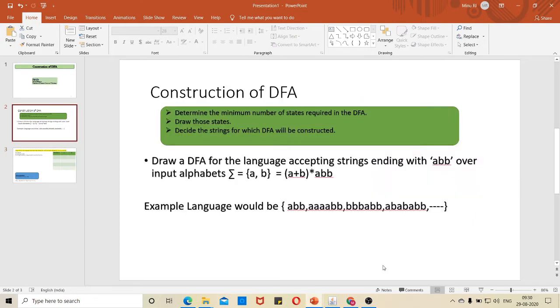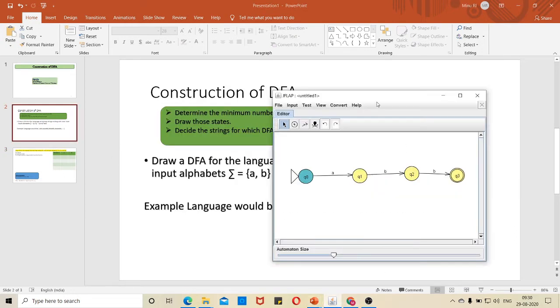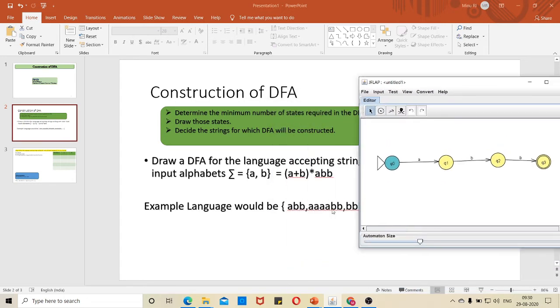Now let me take an example. If I have so many A's and then end up with ABB, or if I have so many A's and I end up with ABBB, then what should I do? It can accept A, and if I have so many A's, there is no problem, because at the end there will be another A, so it will continue as such.